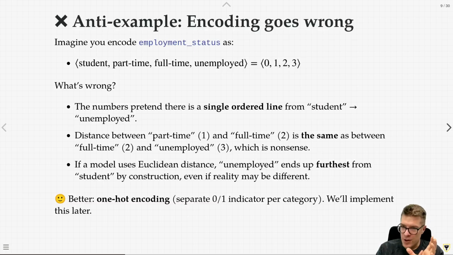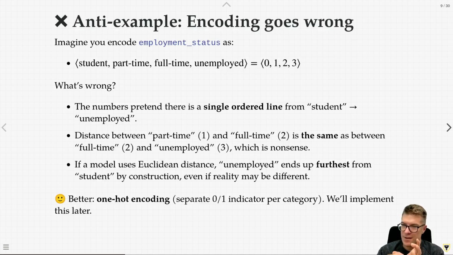Picture all of them are 0, but there's a 1 in the first spot. That first spot represents student. So whenever you see the word student, you can change that label to a 4-digit vector, which is 1, 0, 0, 0.